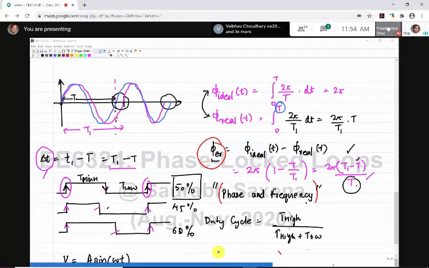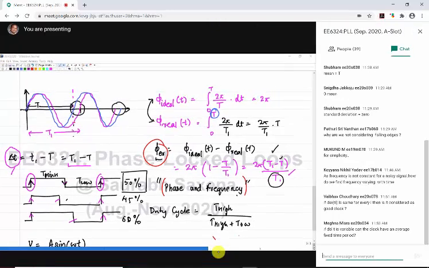There is another question. If delta t is variable, does the clock have an average fixed time period? It depends. If delta t is variable, it can be limited.